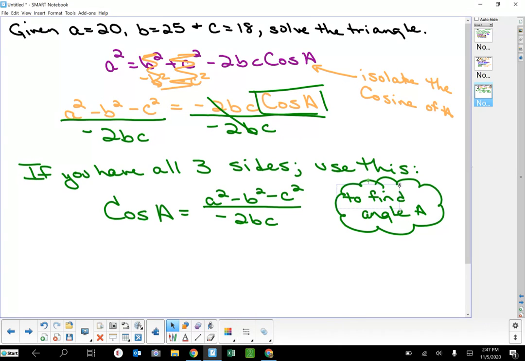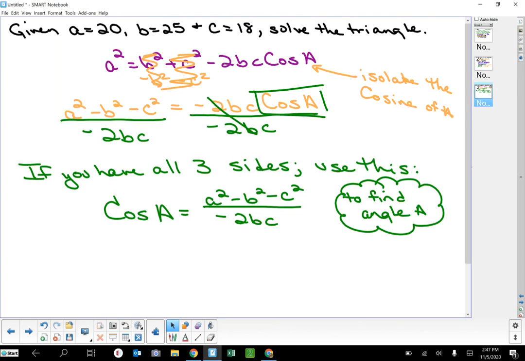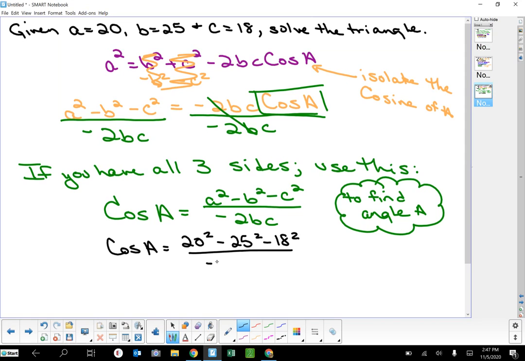Okay, so here is how we are actually going to use this. All right, so we've been given this problem up above, and we have A is 20, B is 25, C is 18. So we're going to plug everything into the right side of this equation only. We're going to keep this cosine of A. That's what we don't know anything about. A is 20, so we have 20 squared minus 25 squared minus 18 squared over negative 2 times 25 times 18.